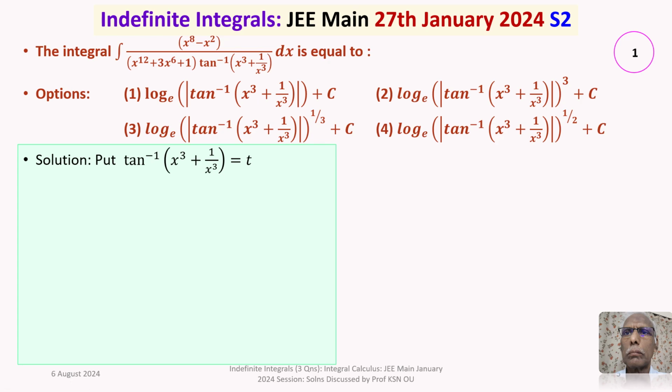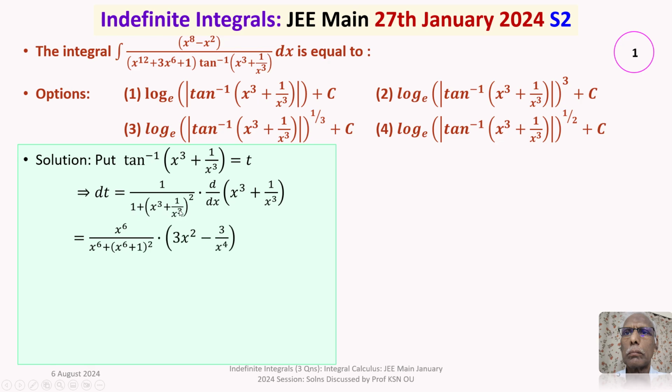Differentiate on both sides, and that will imply 1 by 1 plus (x cube plus 1 by x cube) whole square, into the derivative of x cube plus 1 by x cube, is equal to dt. And that is equal to, take the LCM in the denominator.